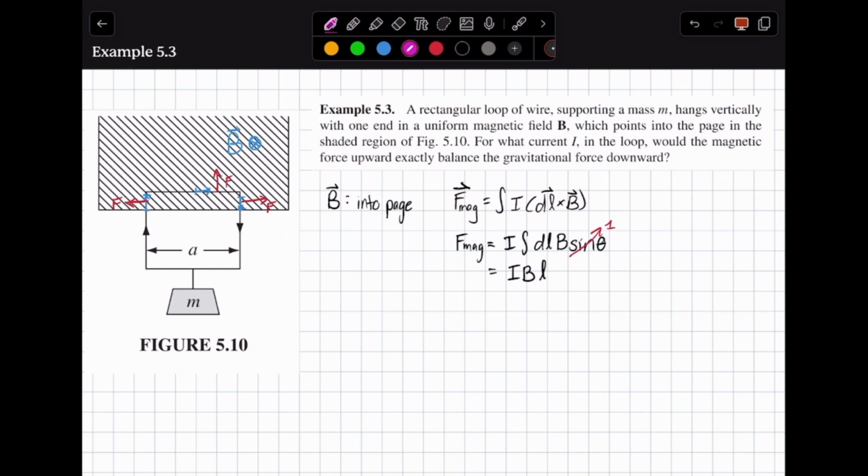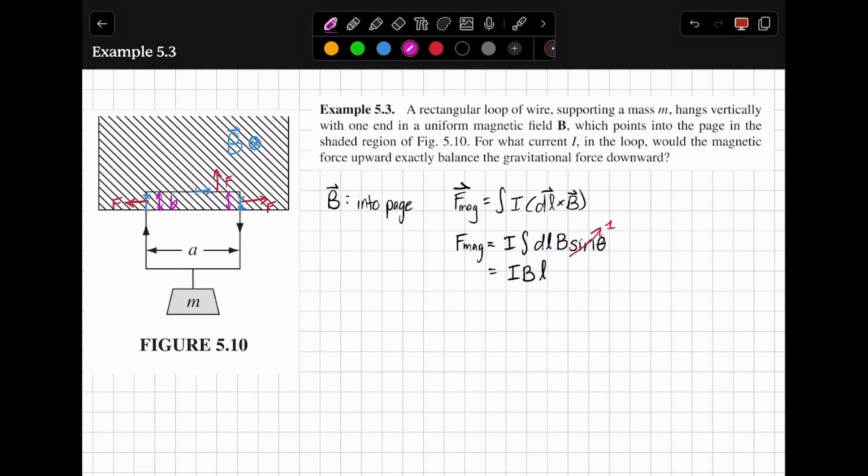You'll also notice that on these vertical segments of the wire, we have a similar value for L. Or I shouldn't call that L, right?